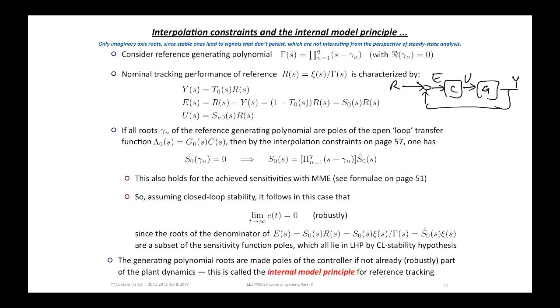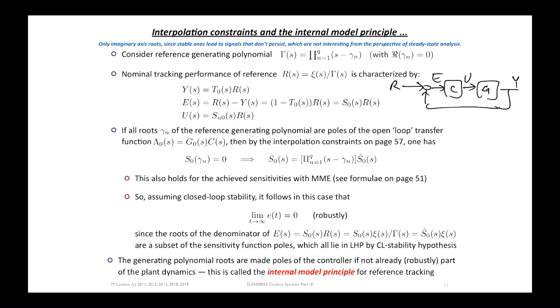Now, if all the roots of the generating polynomial, so these numbers, gamma n, are poles of the open loop transfer function, that is the product of the plant and the controller transfer functions, then from the interpolation constraints that we saw before, we know that the output sensitivity function evaluated at the open loop poles will be 0. And as before, that suggests that the output sensitivity function can be factored in the way shown here.